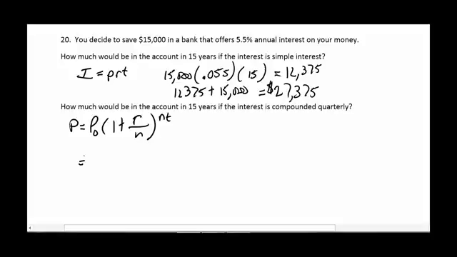If I compound it quarterly, I'm going to take this original amount, 1 plus 0.055. Quarterly means 4 times a year they're going to look at it, and so 4 times 15. Okay, so we want to type that in.